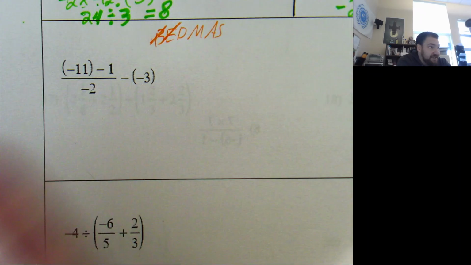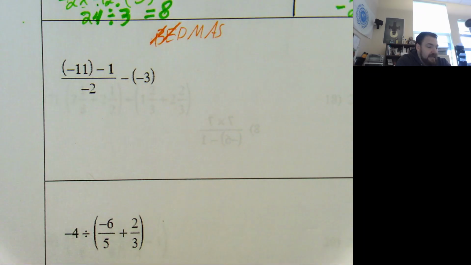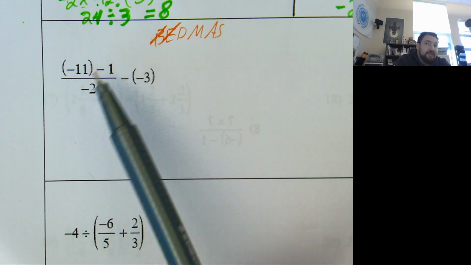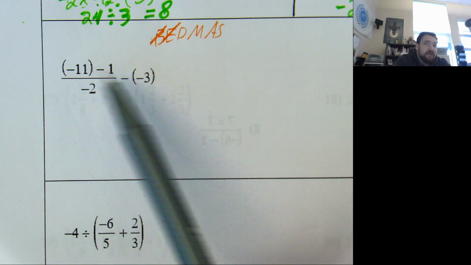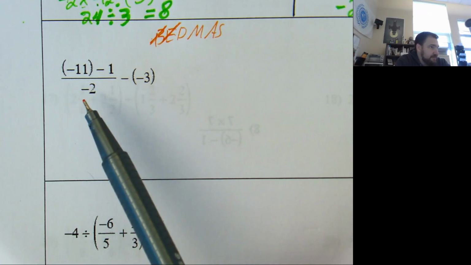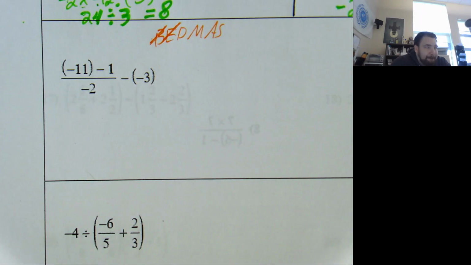I mentioned it once, way back. What do we do when we've got stuff going on in the numerator of a fraction over something else? How do we handle that? Does anyone remember? Okay.